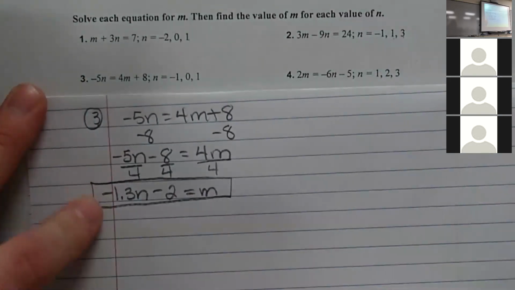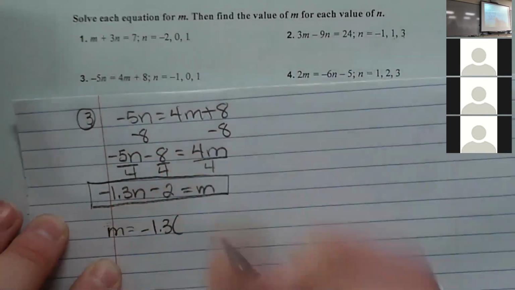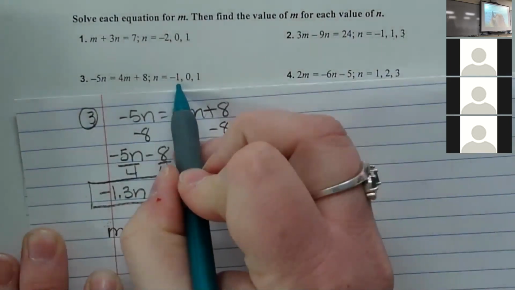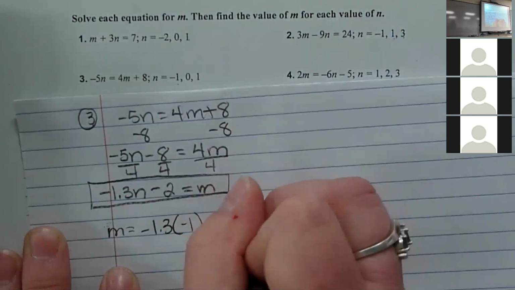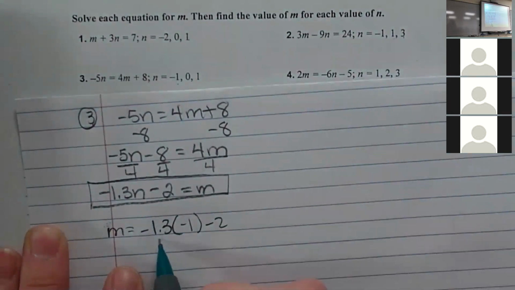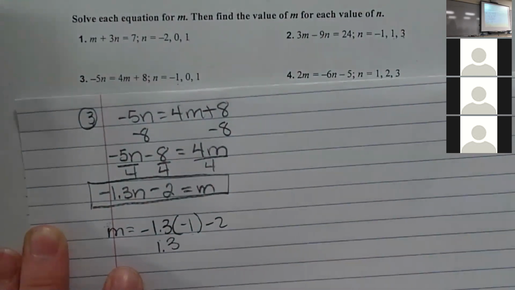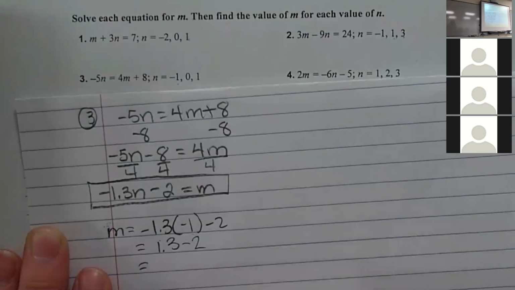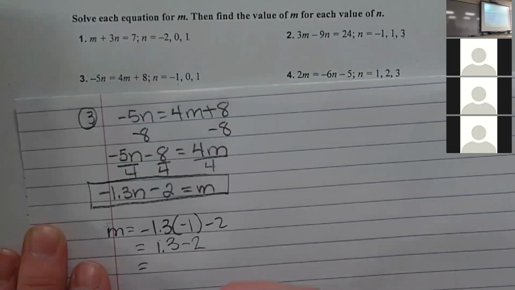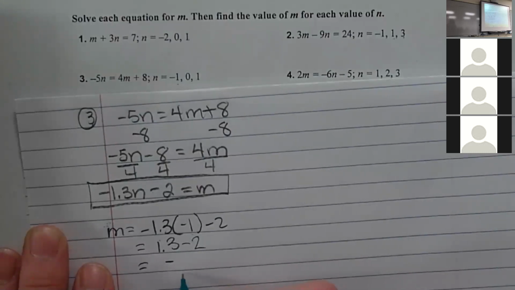Okay. So we have m equals negative 1.3 times, what's my first value? Negative 1 minus 2. Negative 1.3 times a negative 1 is a positive 1.3, right? Minus 2. What's positive 1.3 minus 2? Negative what? 0.7, yep.